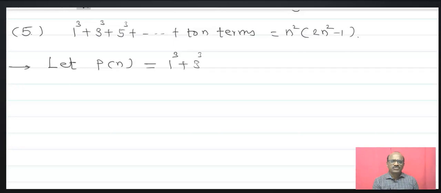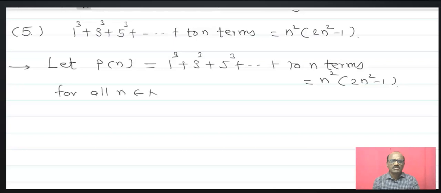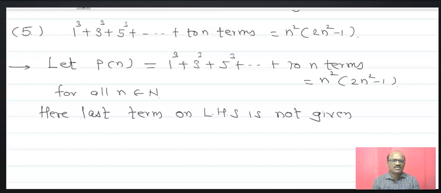Let P of n be 1 cube plus 3 cube plus 5 cube dash to the nth term, then n square (2n square minus 1) for all n belongs to capital N. Before step 1 we will calculate the last term. Last term of the RHS is not given.